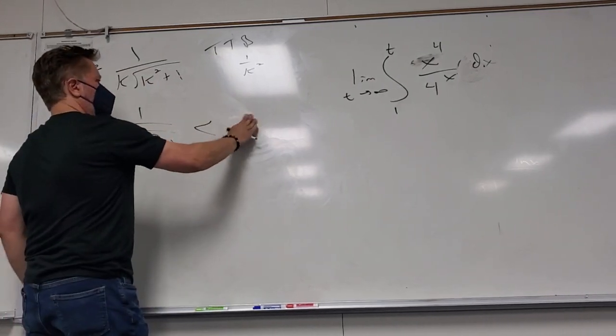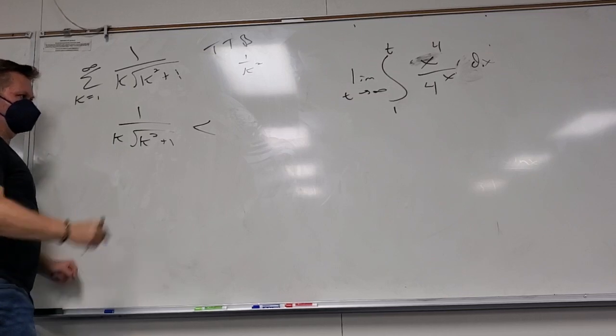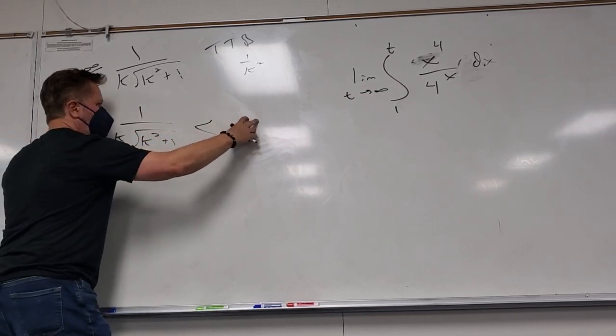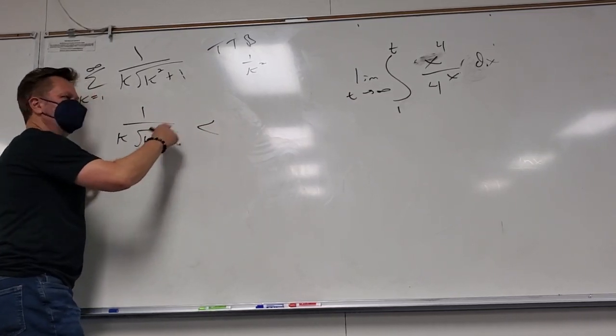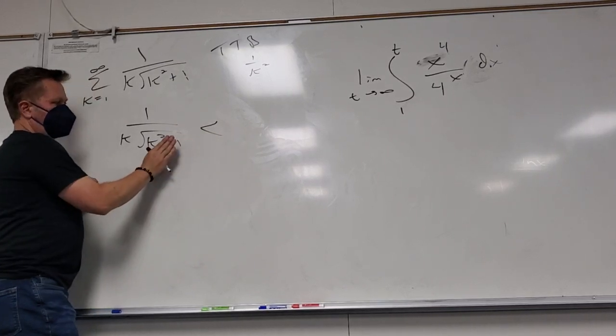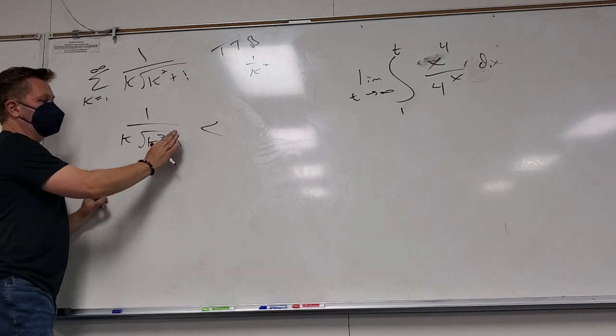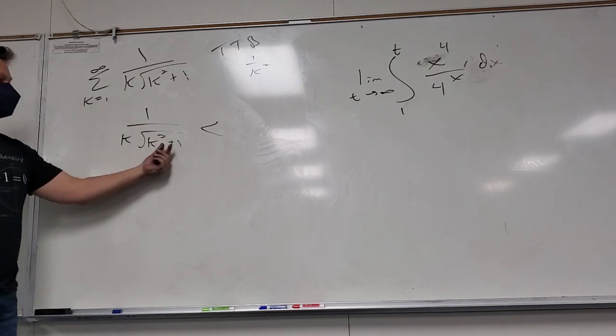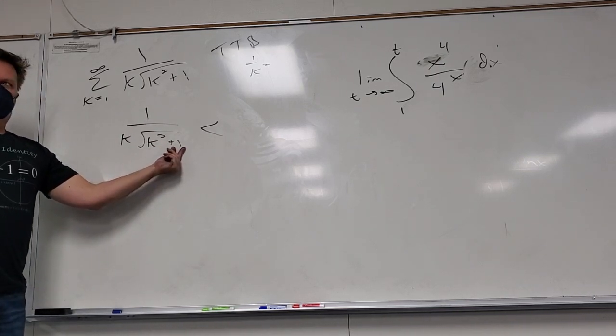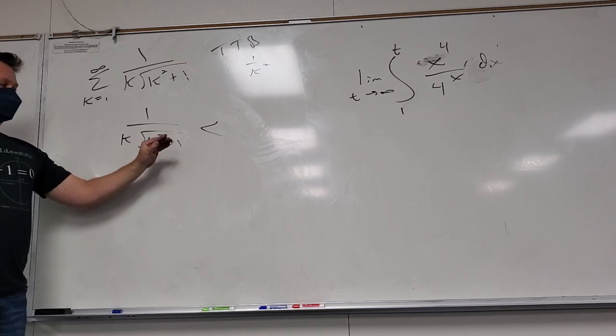So all I need is something that I know is always greater than this, that converges. So if I take that away, that does make it bigger, right? And if taking it away didn't make it bigger, what would I do instead? You do it.